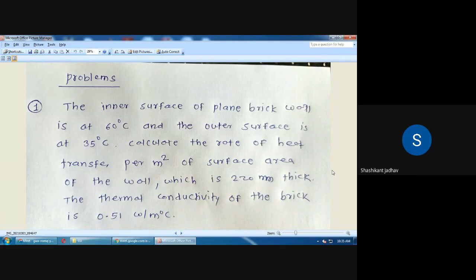Write down first problem. The inner surface of a plain brick wall is at 60 degrees Celsius, and the outer surface is at 35 degrees Celsius.